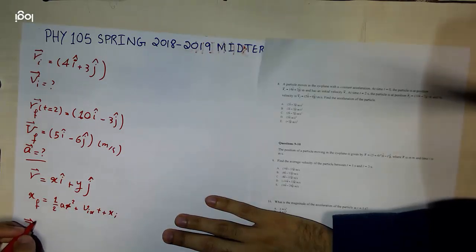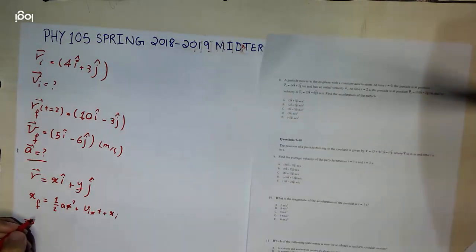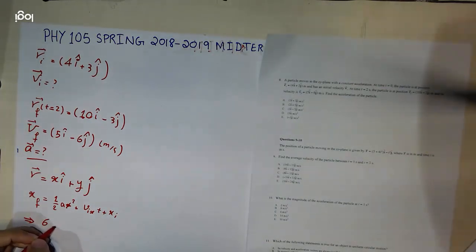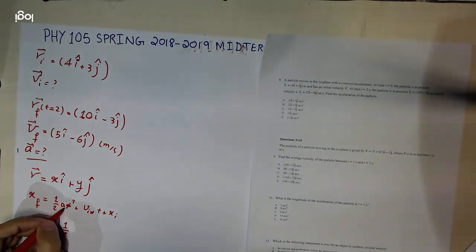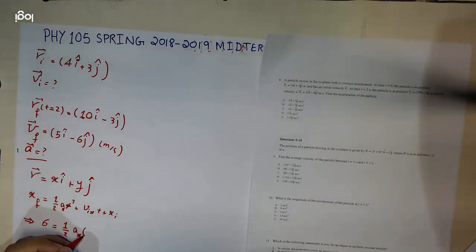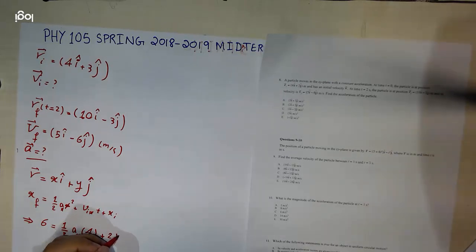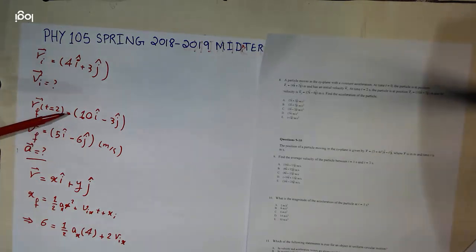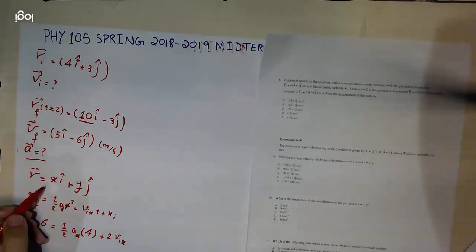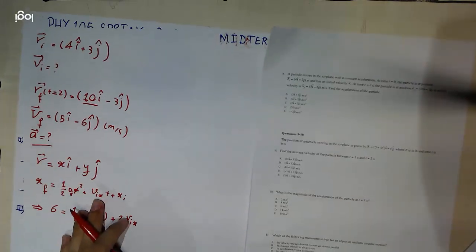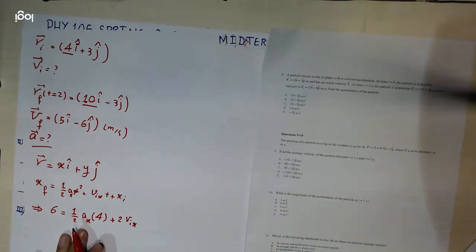So delta x, from x initial to x final, is equal to 6, which is equal to 1 over 2 a x times 4 plus 2 V initial x. Here we subtract 10 from 4, as you can see.